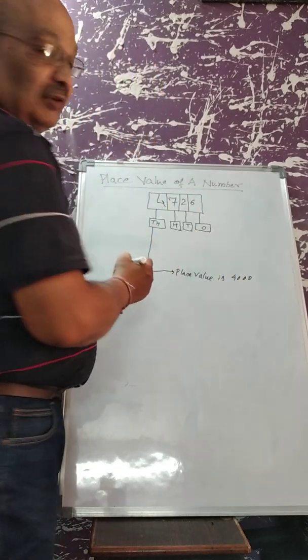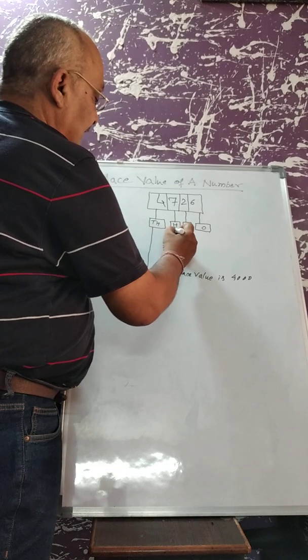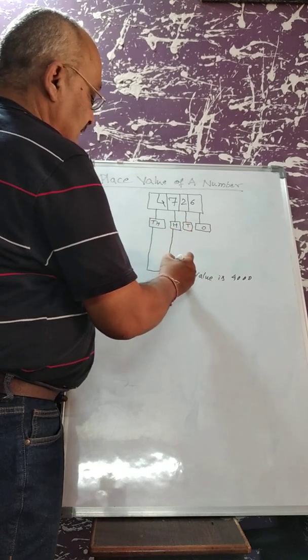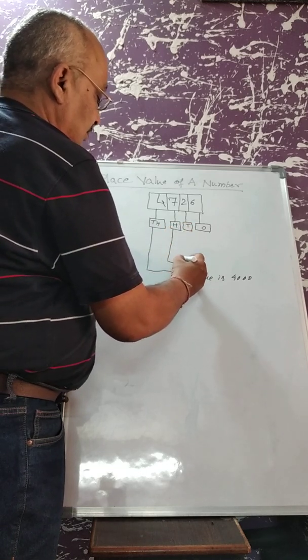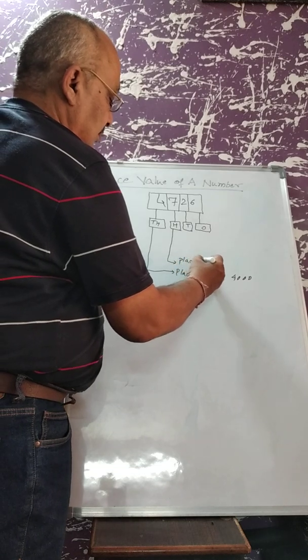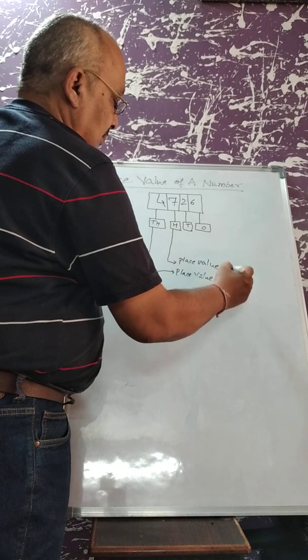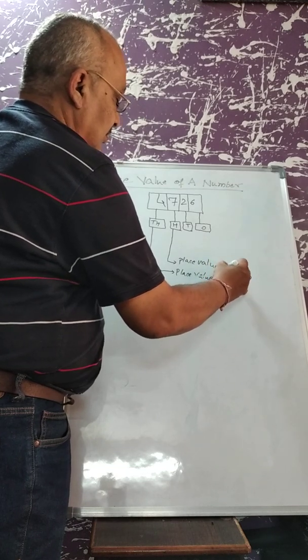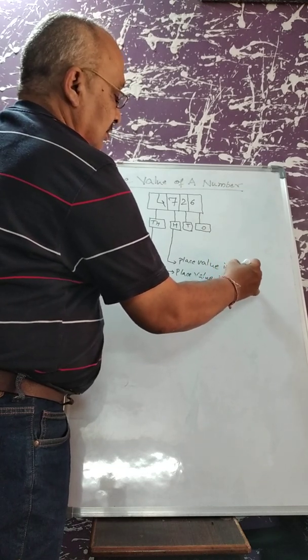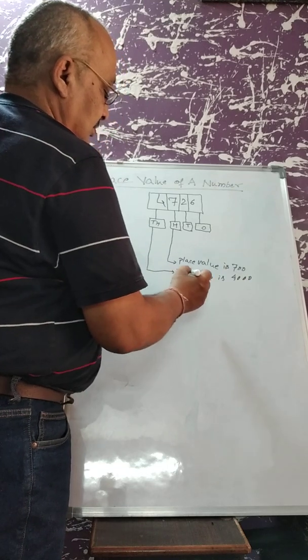Now 7 is at the place of 100. So its place value is 700.